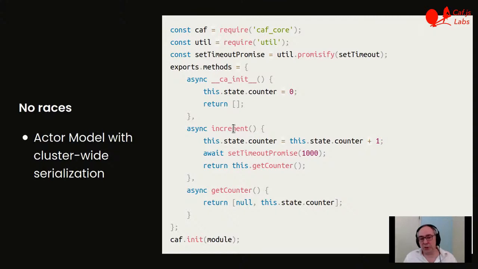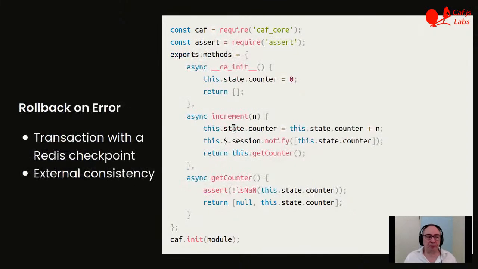And basically getCounter will return the current value of the counter that has been incremented twice. So if there are no more requests, both of them are going to return the same value, breaking our invariant. Of course, this couldn't happen at all in Caf.js because of this strong serialization property that we enforce.